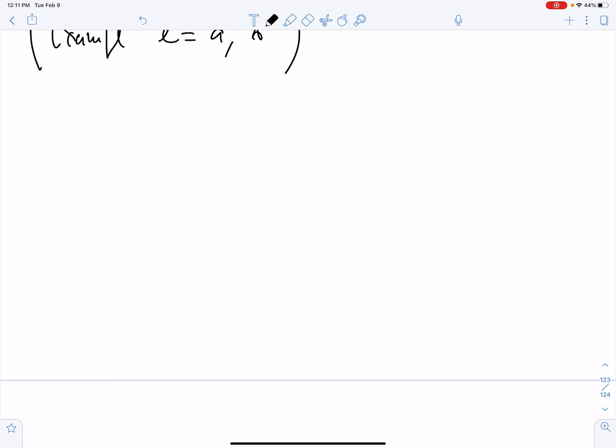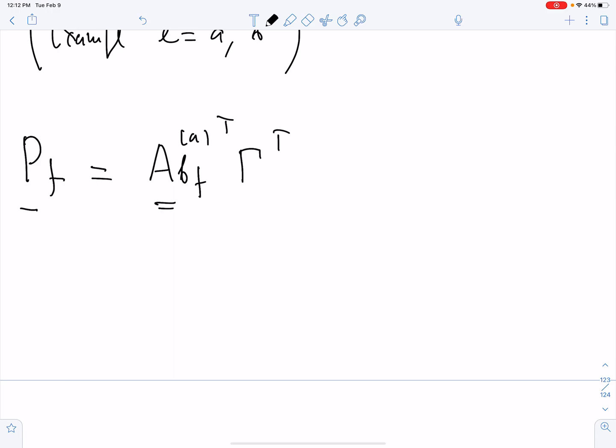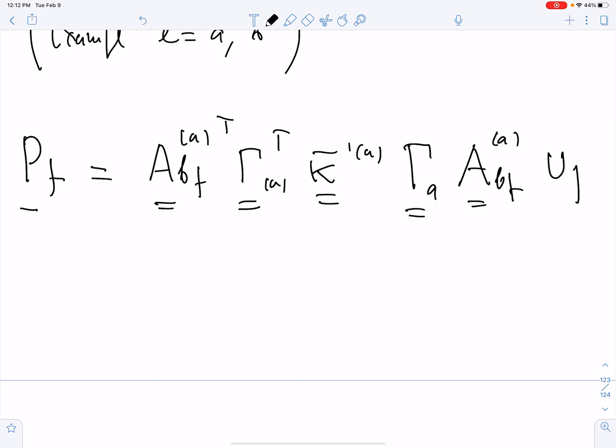And so what we find is that PF, let's just focus on the free forces applied at free nodes, equals ABFA transpose, gamma transpose for element A, then you get kappa prime A, gamma A, times ABFA acting on UF.